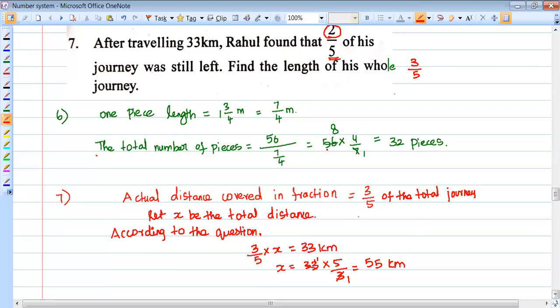That's why I wrote 3 by 5 of the total journey as the actual distance covered. 2 by 5 is yet to cover. Got the point? Have you all completed question number 7? Shall we move to the next question?